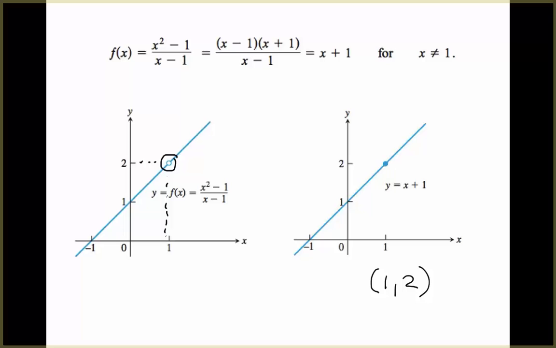So if you take a value of x very close to 1, the function's values are getting very, very close to 2. So this leads to our definition of a limit. We see that the values of f of x get very, very close to 2 as x gets really, really close to 1, even though the function isn't even defined at x equals 1. So now let's give our informal definition of a limit of a function.